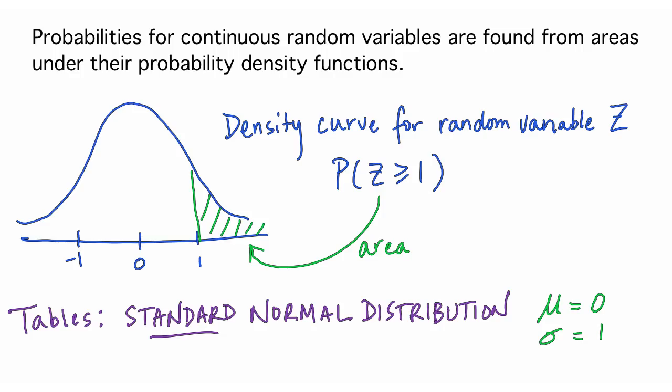But for this video, we'll stick to the standard normal distribution. And throughout the video, we'll use z for a random variable that has a standard normal distribution, which we'll write as z ~ N(0, 1). So that's a normal distribution for z with a mean of 0 and a standard deviation of 1.